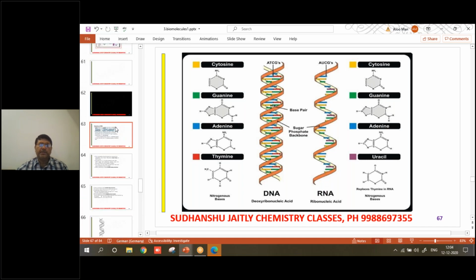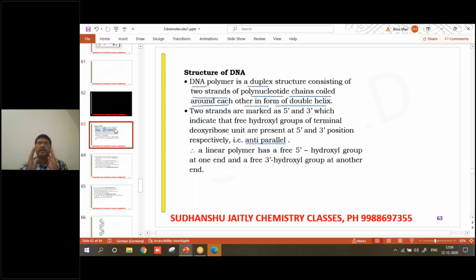Now let us reach here. I hope first thing, DNA has a duplex structure consisting of 2 strands. The 2 strands are marked as 5', 3'. You remember 5', 3'. To differentiate the sugar carbons we used prime, which indicates the free hydroxyl groups of the terminal deoxyribose units are present at the 5' and 3' positions respectively, that is anti-parallel.